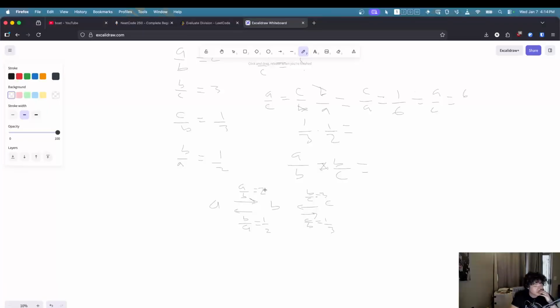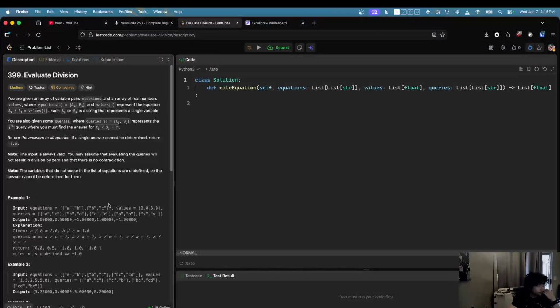My intuition says to multiply them, right? We go here, A to B, which is result 2. Then B to C, that's 3. So 2 times 3, which is 6. The result is 6. I don't know if that's true, though.